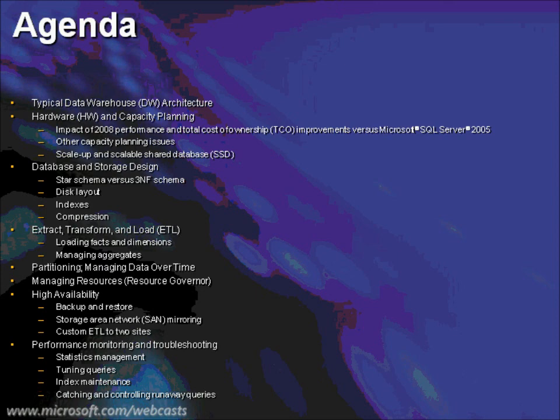Here's an overview of the agenda. The main points I'm going to touch on are related to the overall data warehouse architecture, how to do hardware and capacity planning for your data warehouse, database and storage design, both logical and physical database design for a data warehouse, good practices for your extract, transform, and load processes, or ETL processes, how to manage your large tables based on partitioning, how to effectively manage resources in your server using our new resource governor feature.